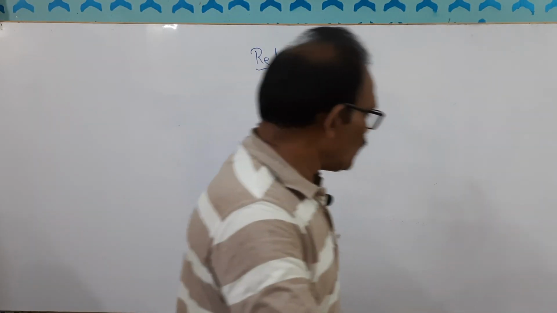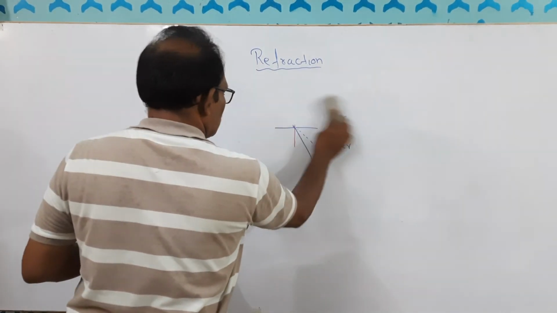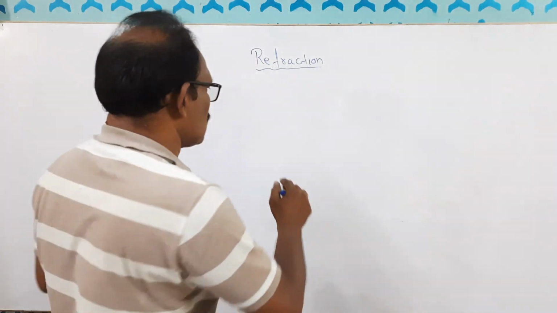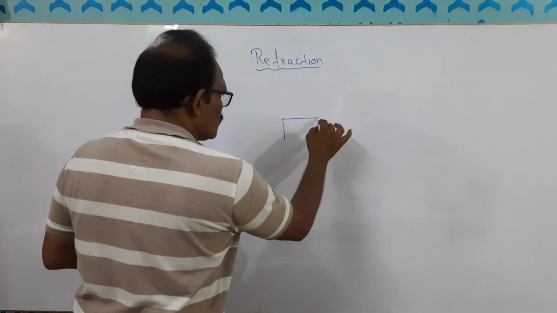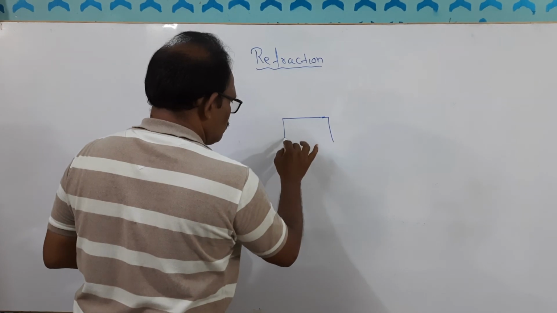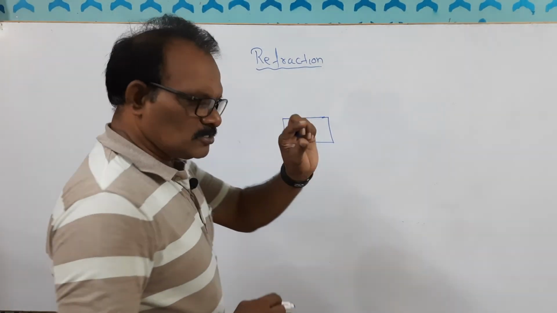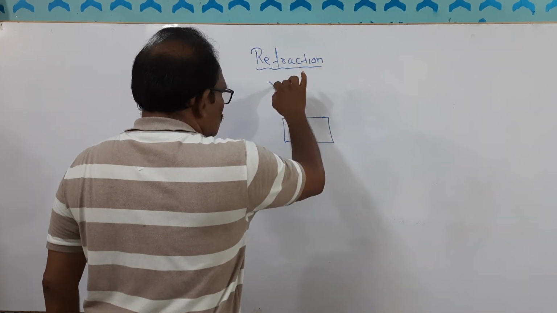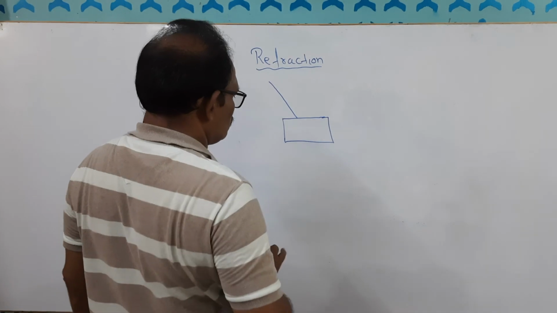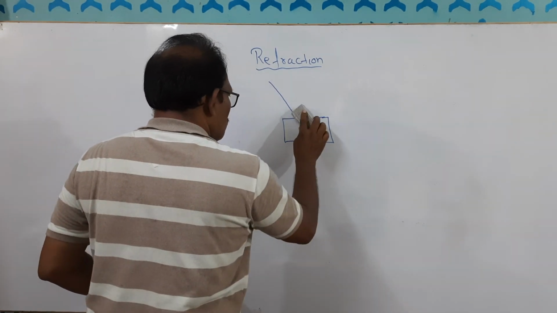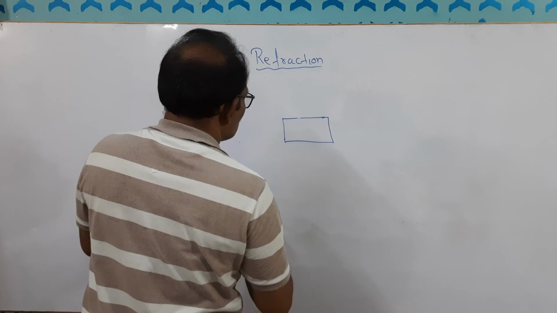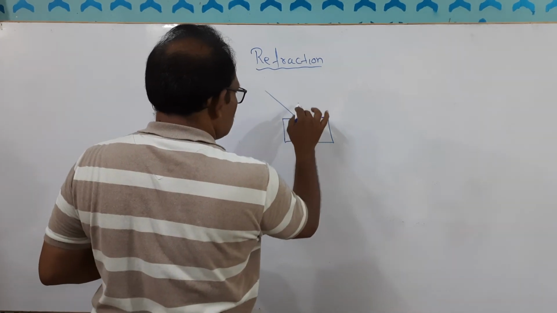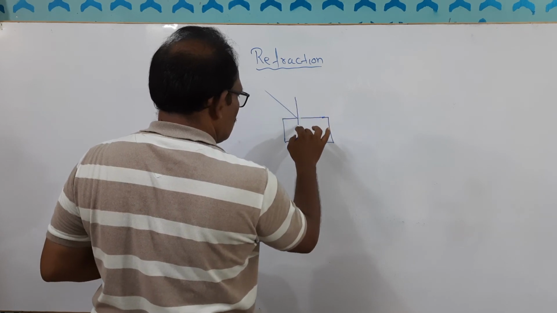Now we have seen a rectangular glass slab. Let me explain this with an example. A rectangular glass slab, a complete rectangle-shaped glass slab. In the laboratory we will do that. So this is a rectangular glass slab, this much thickness. Now what happens when a ray of light comes here? Now we will make it more slant. If a ray of light crosses like this, at this point you make a normal.